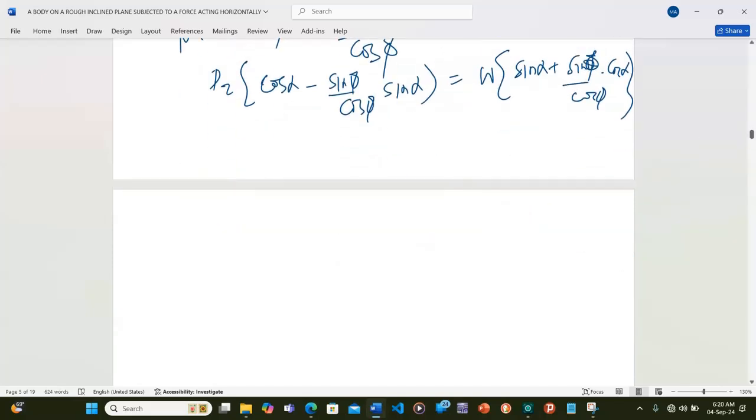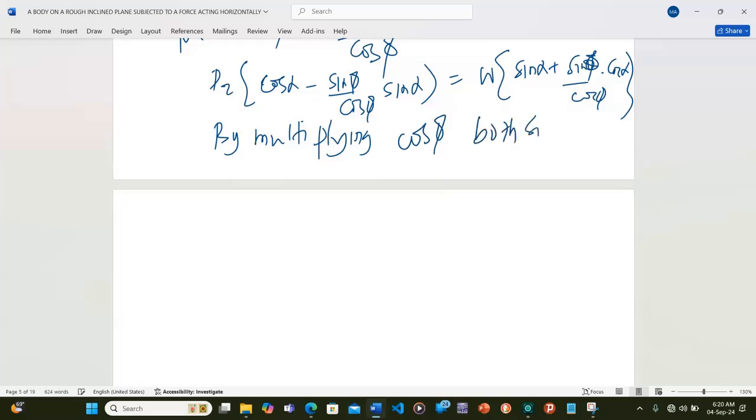Now multiplying cos phi on both sides, I will not have changed anything, but I'm trying to manipulate the expression.